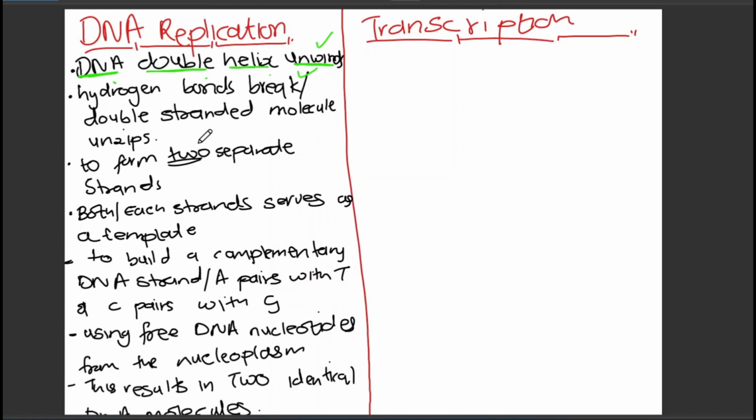Then we know that after the hydrogen bonds break, there'll be 2 separate strands that are going to be formed. That's the 3rd mark. Now you need to mention how many strands are formed. There are 2, and they'll be separate because now the bonds in between will no longer be there. Okay. Then this is very important. I can't help but emphasize how important this word is, and the reason for that is because I think the first 3 points are very similar.